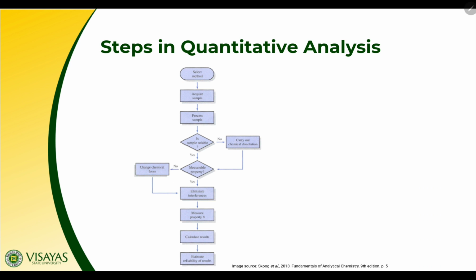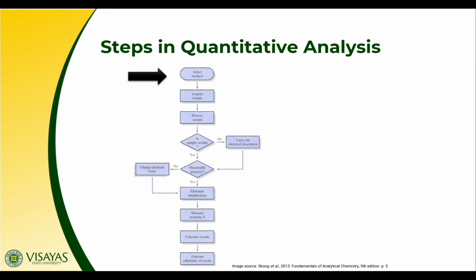Now, for the steps in quantitative analysis, we have here the flow chart. When you try to conduct quantitative analysis, before the quantitative analysis, it should always have a qualitative analysis first.